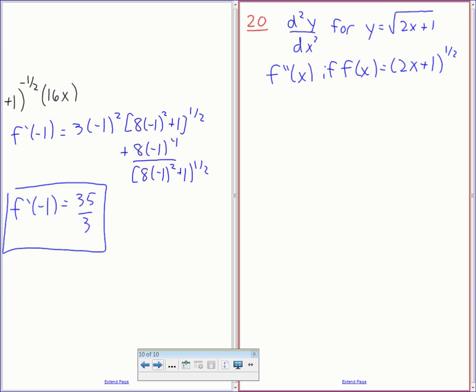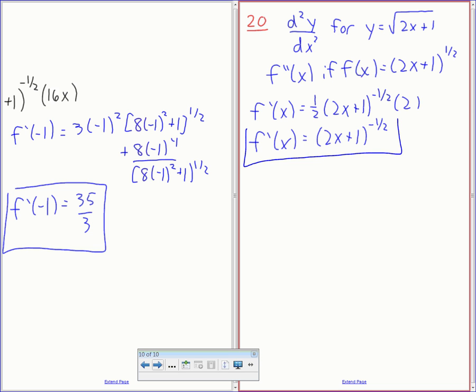I'm going to do this at 100 miles an hour. Okay. So f prime of x is 1/2 times (2x plus 1) to the negative 1/2 times 2. So f prime of x is just equal to (2x plus 1) to the negative 1/2. f double prime of x is equal to negative 1/2 times (2x plus 1) to the negative 3 over 2 times 2.